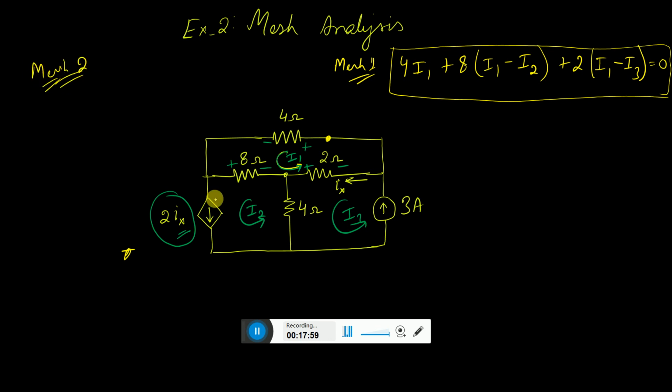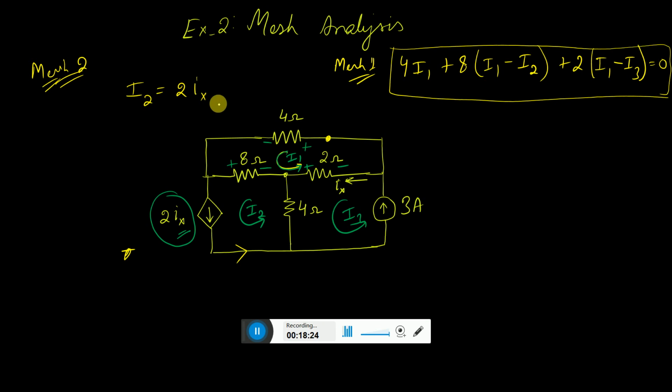The good thing about mesh 2 is that there is a current source in mesh 2. Once there is a current source, we know that in this wire only this current will flow, that is 2Ix will flow. No other current is going to flow through it. So then I2 has to be equal to 2Ix.